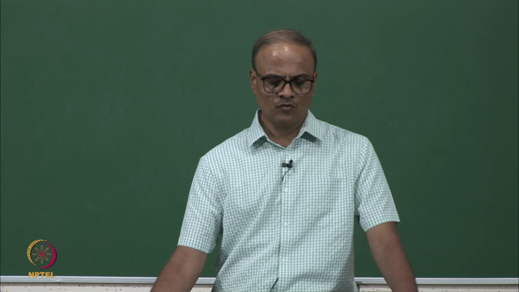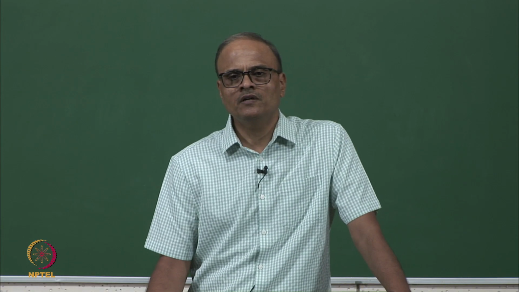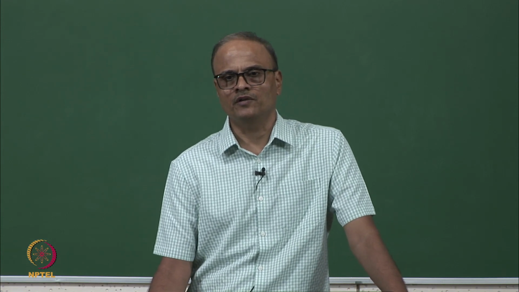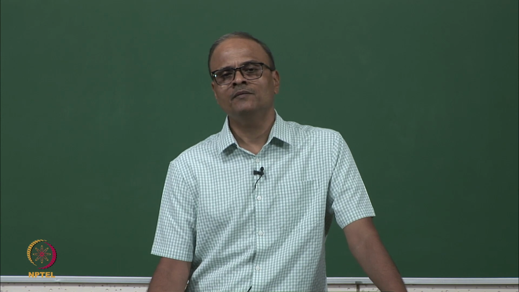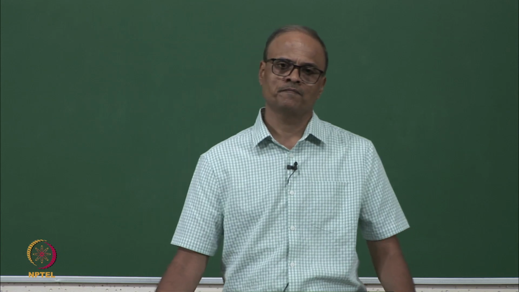Let us now look at how to find the force vector for excitation of normal modes, and let us first look at what is referred to as Asher's method. So we saw that the fundamental relationship that should be satisfied for the excitation of a normal mode is that the real part of the FRF matrix multiplied by the force vector should be equal to 0, correct.